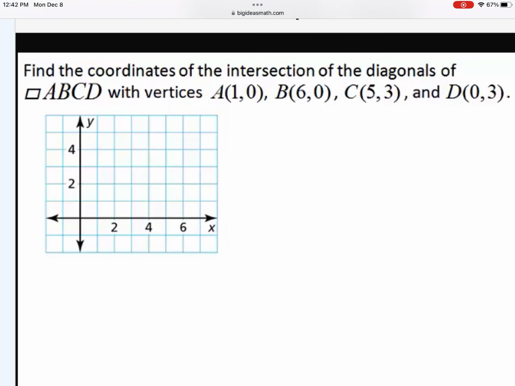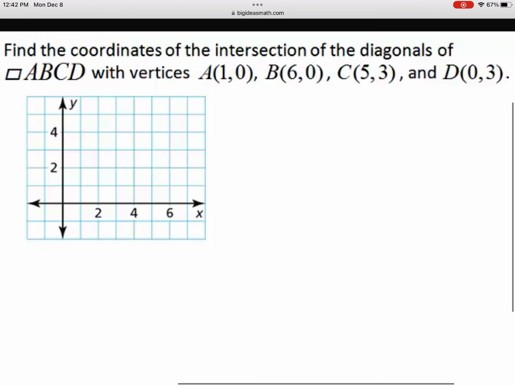Find the coordinates of the intersection of the diagonals of parallelogram ABCD with vertices A(1, 0), B(6, 0), C(5, 3), and D(0, 3).